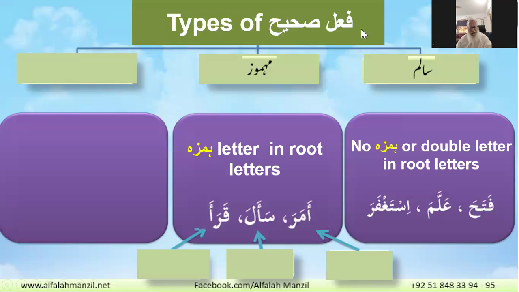When the Hamza comes in the first position, we say Mahmuzul Fa. When the Hamza comes in the second position, we say Mahmuzul Ain. When it comes at the third position, we call Mahmuzul Lam. So Amara is Mahmuzul Fa. Sa'ala is Mahmuzul Ain. Qara'a is Mahmuzul Lam.